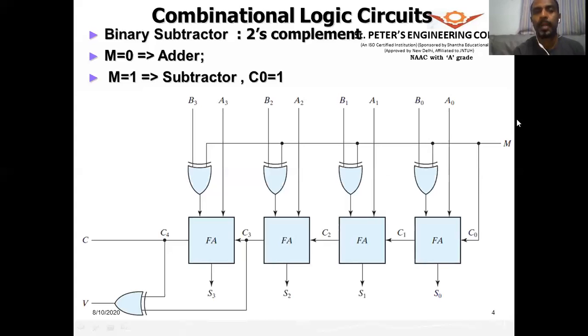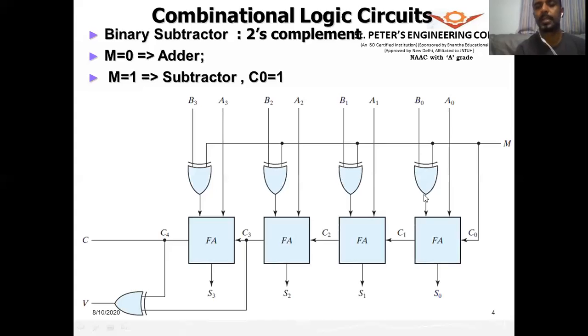Now, if M is equal to 1, then this will work as a subtractor. All right. So we want the 2's complement. Therefore, if M is equal to 1, the output will be M into B complement.